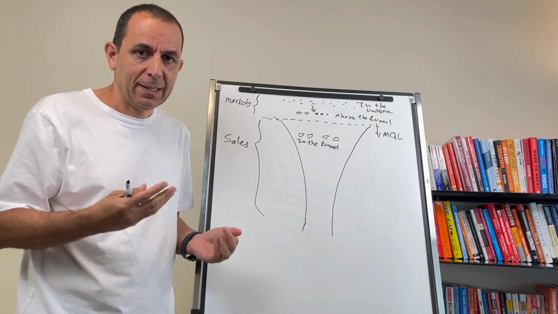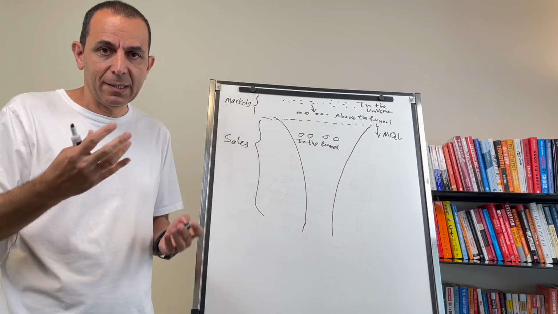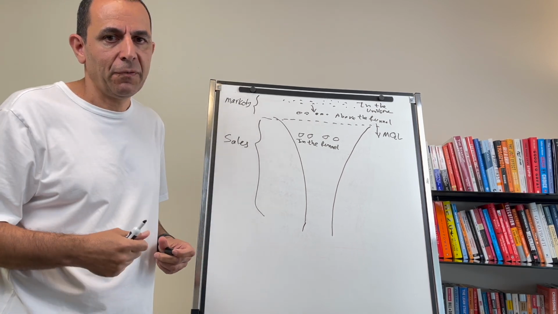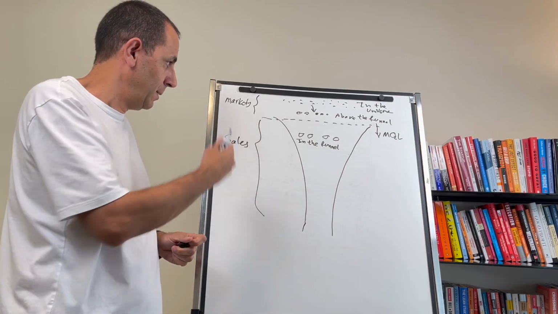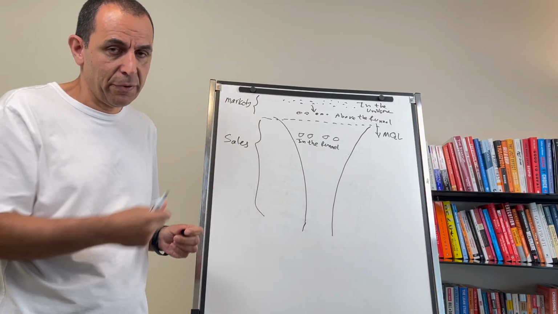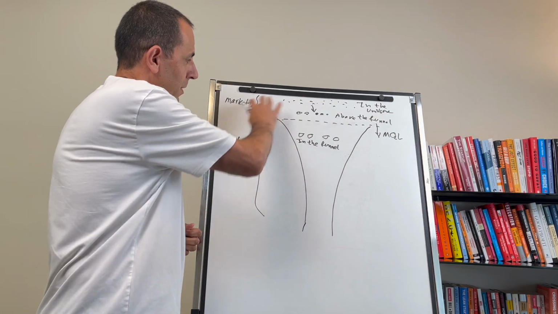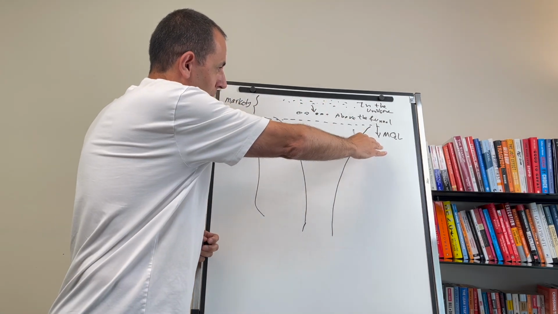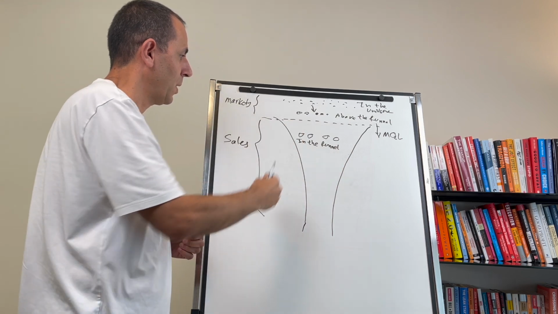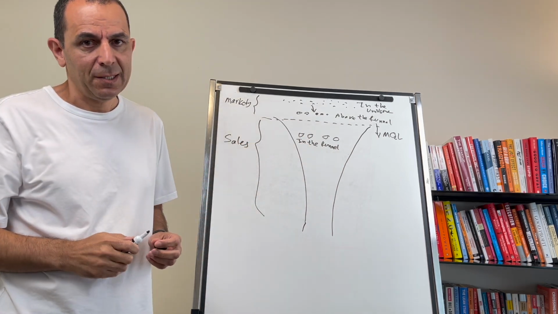As long as there is that kind of definition and separation, it is okay if the same person in some cases covers both activities. So this area is marketing, and as soon as it becomes a marketing qualified lead, it becomes in the funnel and it's in the hands of the sales.